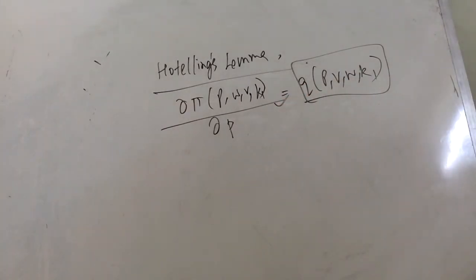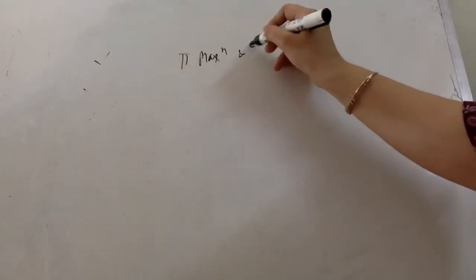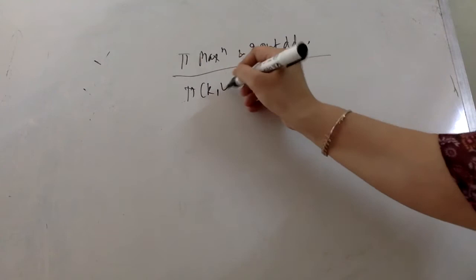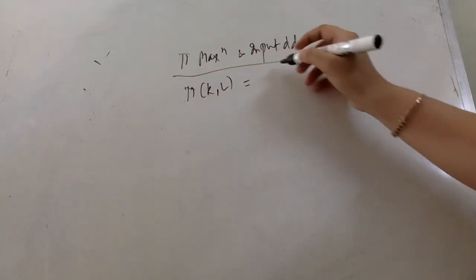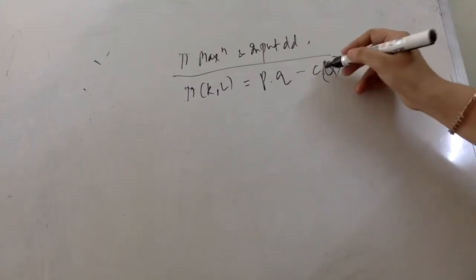Okay, next I will discuss profit maximization and input demand, and how they are related. Writing the profit function as a function of K and L, I can write it as P times Q minus C(Q) as a function of quantity.